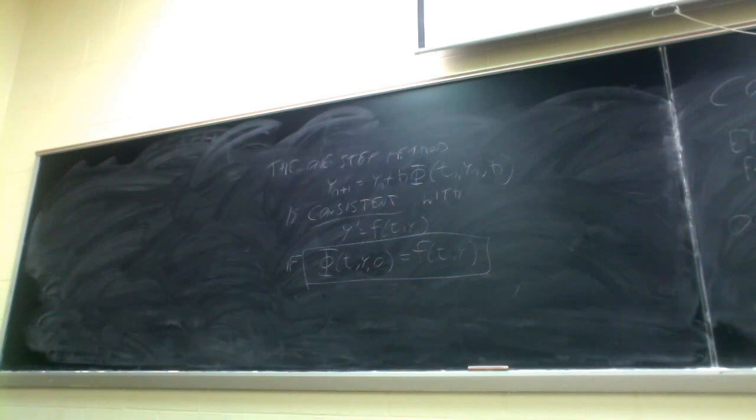Euler's method is a first-order method, so it's proportional to just plain old h. Higher-order methods will be proportional to h to some power, like h squared or h to the 4th. So we like to see local truncation error with as high a power of h as we can get. But in all cases, we must have this to ensure that the local truncation error is at least going to 0 at all.